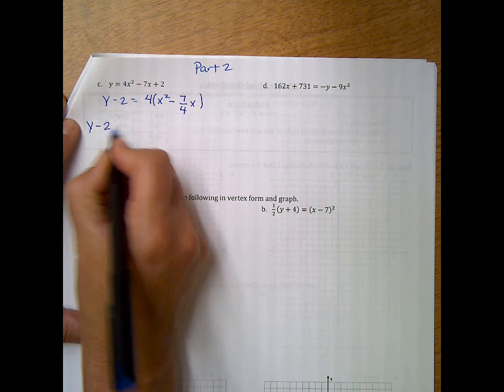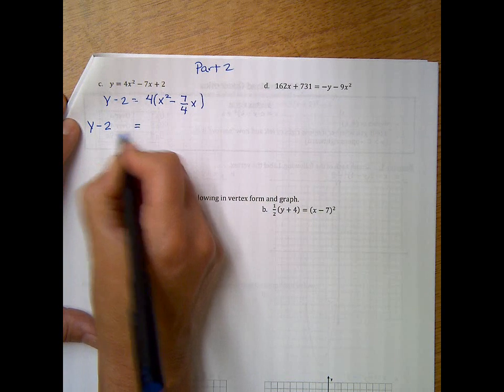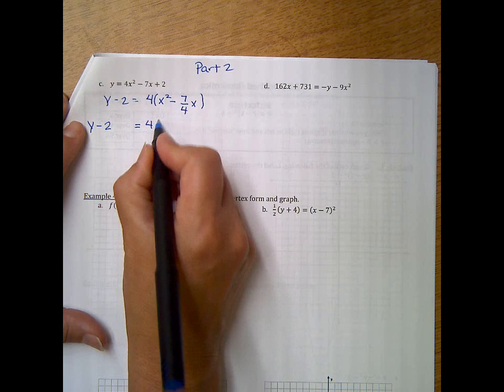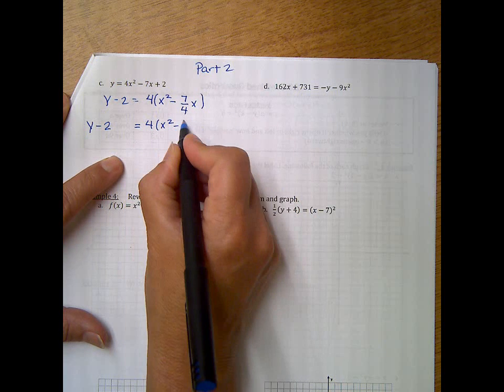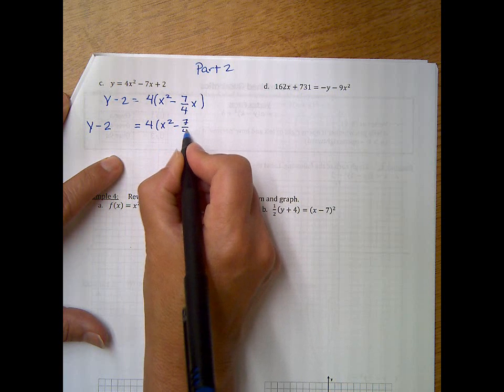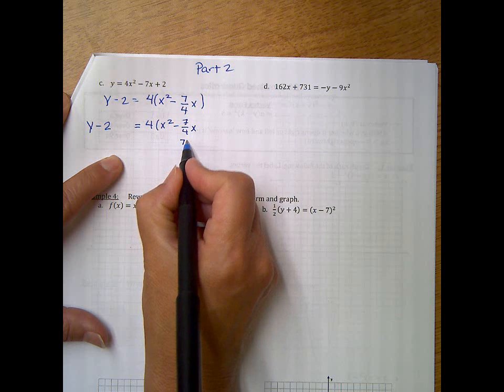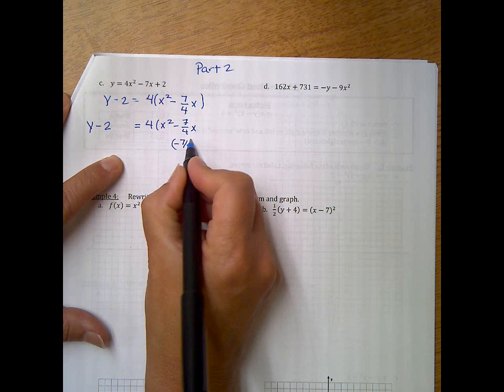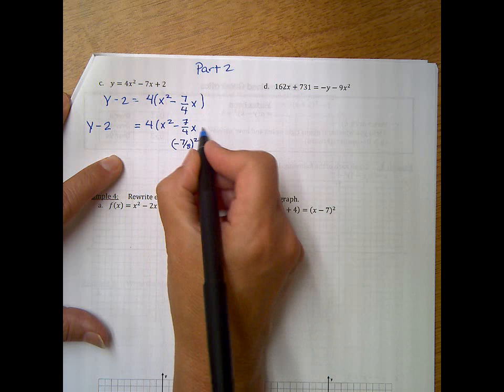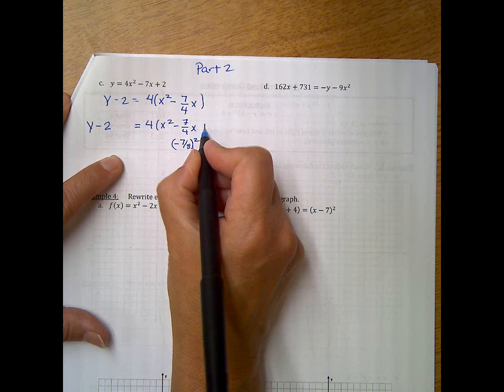Now, I'm going to leave a little space right there. I'm going to take half of the b term and square it. Well, half of 7/4 is 7/8. If I square it, that's 49 over 64.